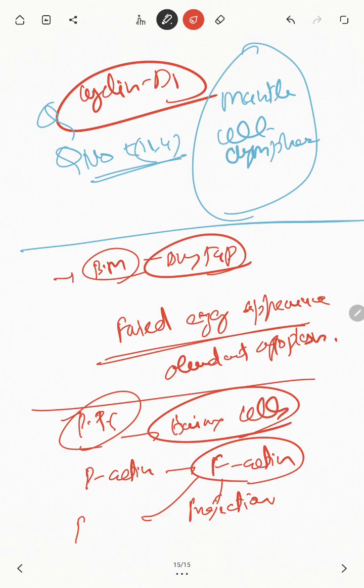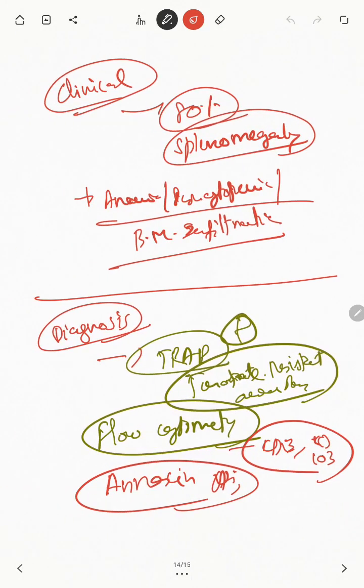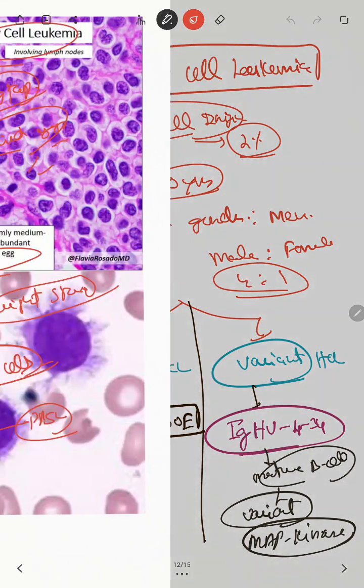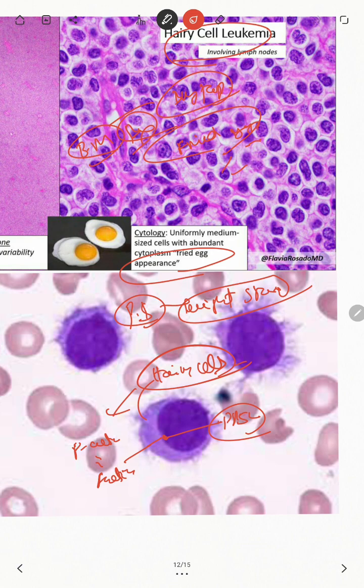Actually, these bind to the phosphoprotein PP52, a leukocyte specific phosphoprotein that acts as a receptor for F-actin, so they give you the appearance of a hairy cell. And the bone marrow biopsy gives you the fried egg appearance.